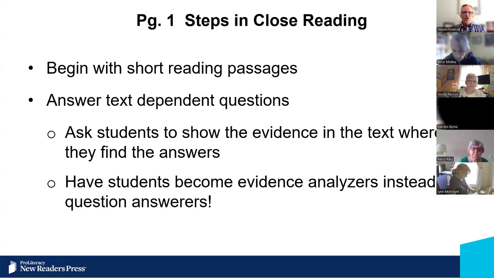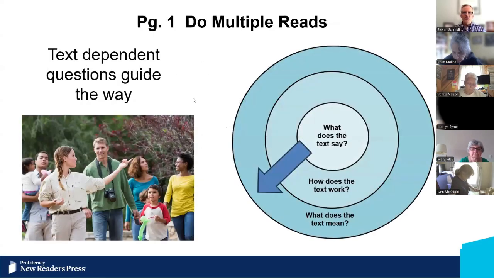So those are some of the basic steps that we do as we do a close reading. One of the things that we're hoping and working for students to do is to do multiple reads. When I first became acquainted with close reading, I was really doing, let's do a first reading, let's do a second reading, let's do a third reading. I don't know that we necessarily need to be that formal.